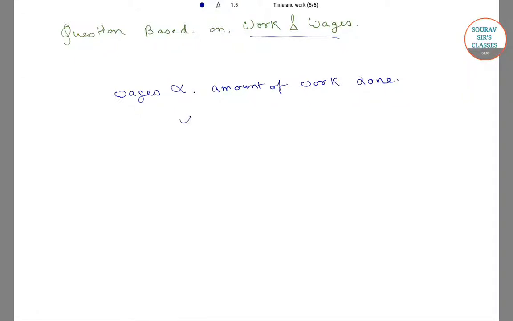Therefore, wages is directly proportional to efficiency and inversely proportional to the time taken by the person to finish the work.